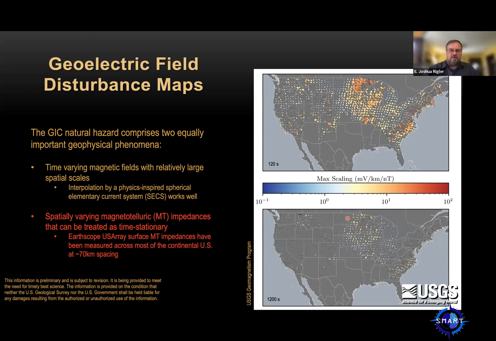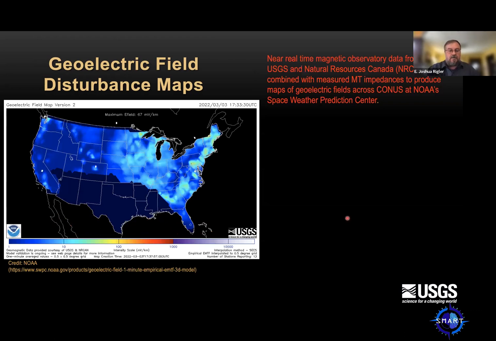This is also why it's been really critical to bring together the space physics research and operations communities with the solid Earth geophysics community. Bringing these together has allowed us to come up with new tools that are being used in operations at places like NOAA's Space Weather Prediction Center as we speak.